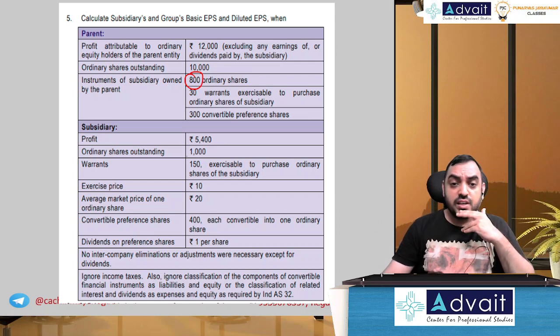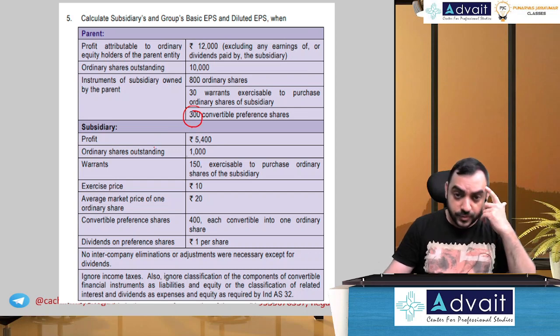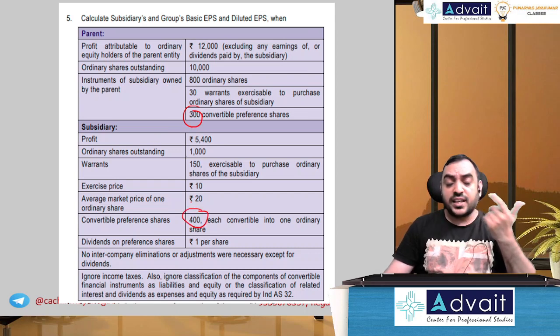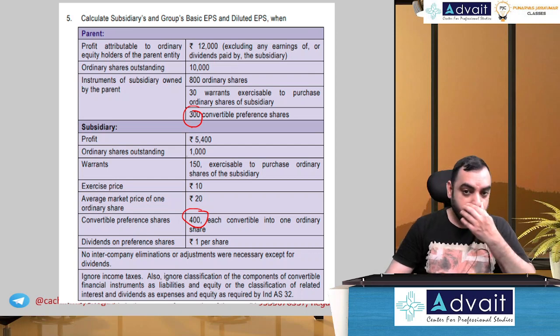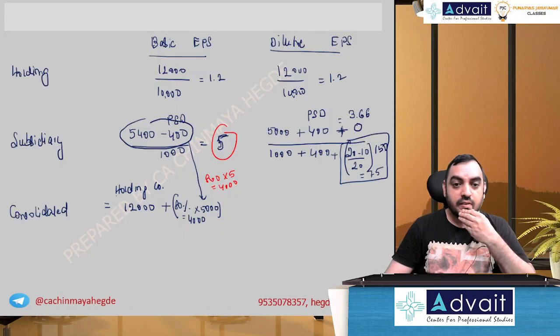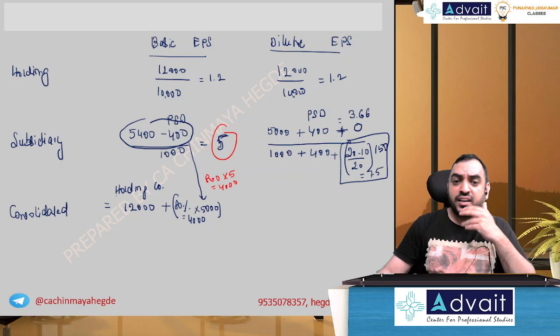How many shares is the parent company having? They are having 300 preference shares out of 400. So percentage wise, can I say 75%? Correct, 75%, right? 75% because 300 out of 400.